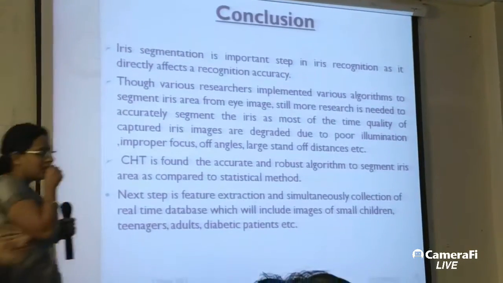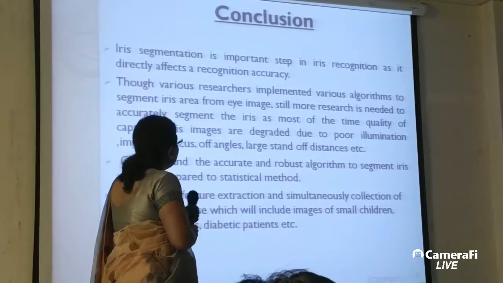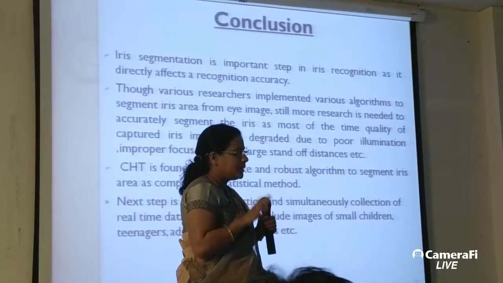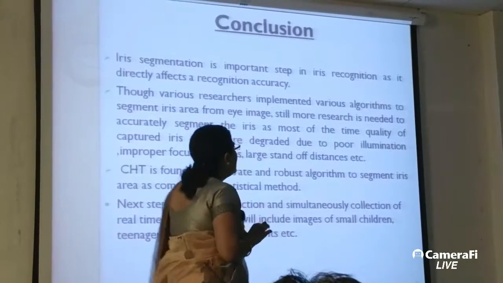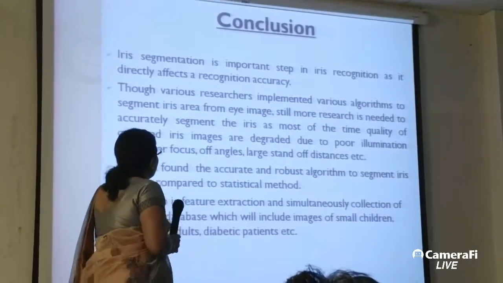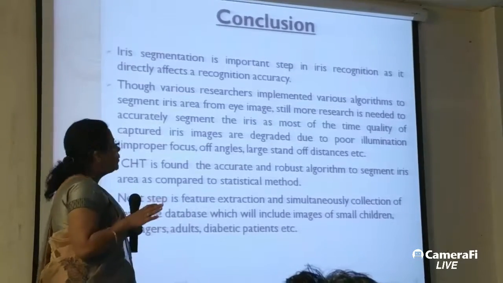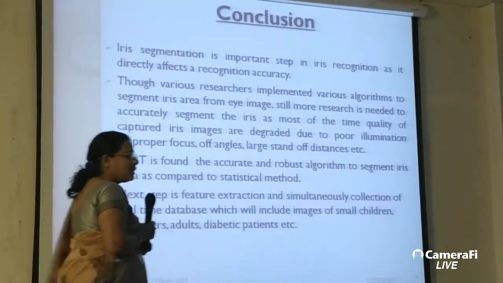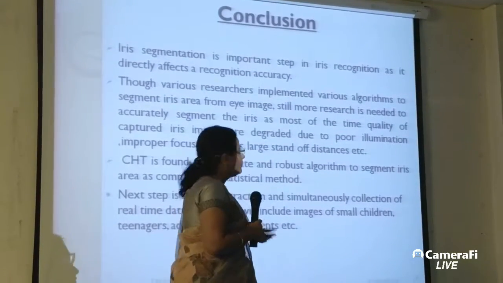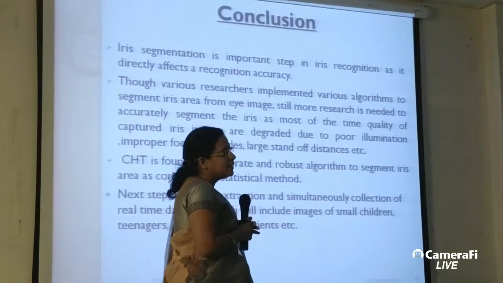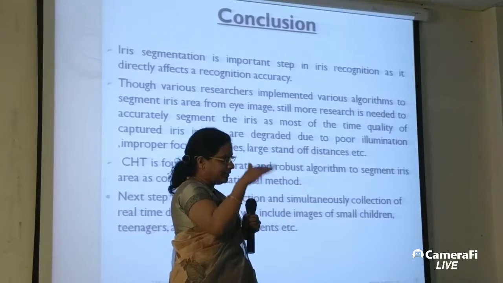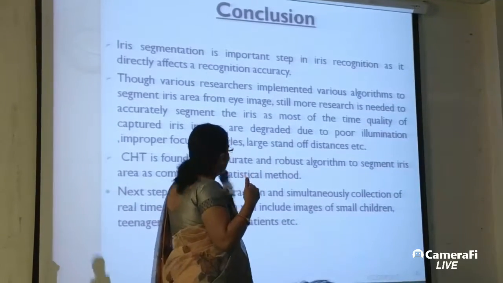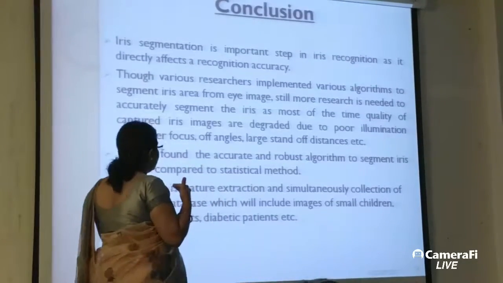Here I can conclude that, if you compare all the methods for iris recognition, iris segmentation is very important as it directly affects the recognition accuracy. Various researchers have implemented different methods, but still some research is needed to increase this segmentation accuracy because of all these factors, poor illumination, improper focus, and so on.